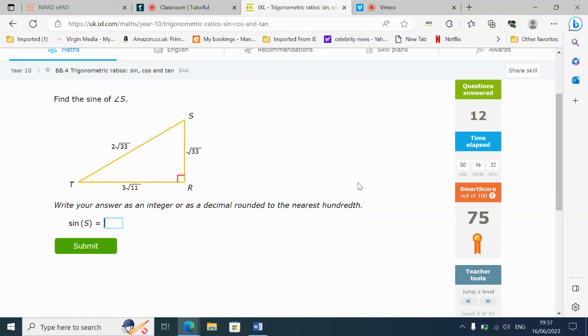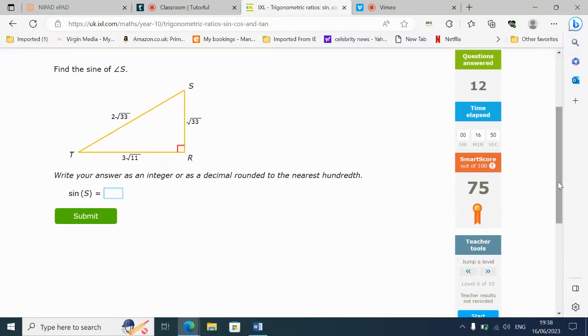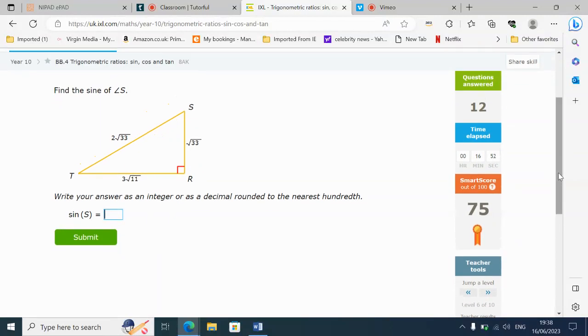But it's sine. So what do you do for sine? Is there an example for this question? I can't actually get access to the example because we've already started the questions. But didn't we do a similar one in the previous lesson?